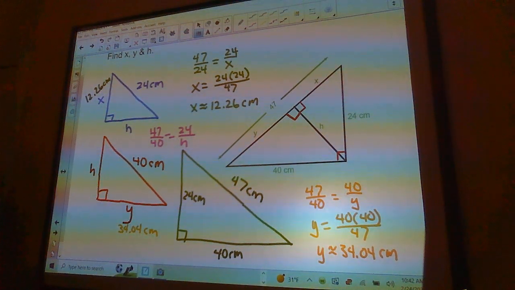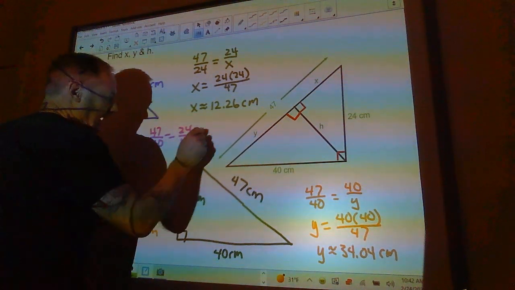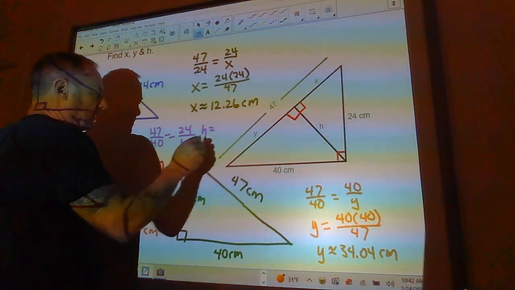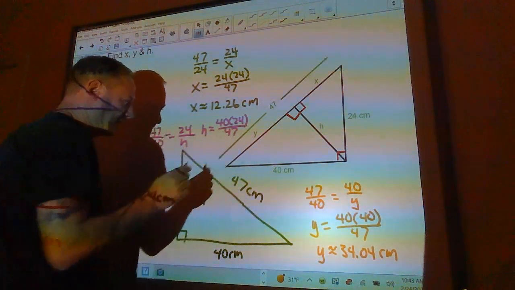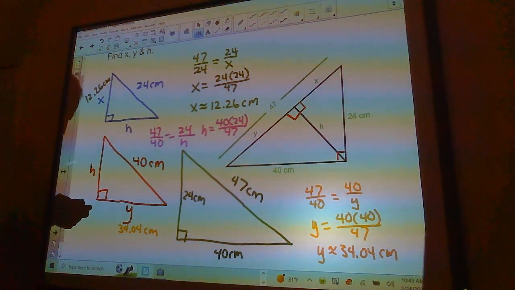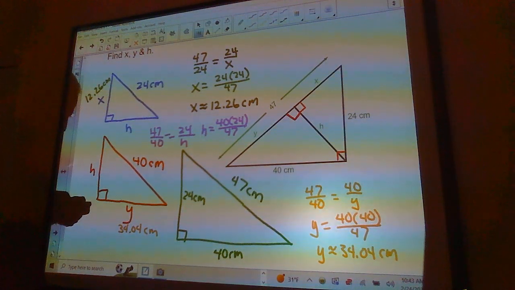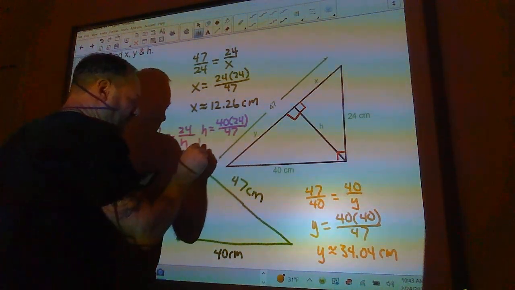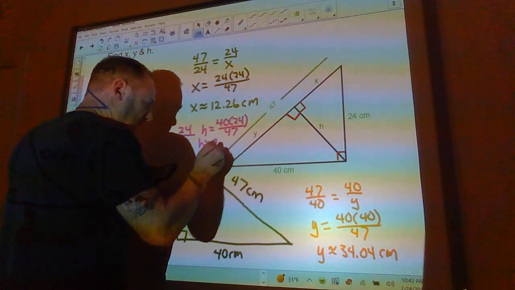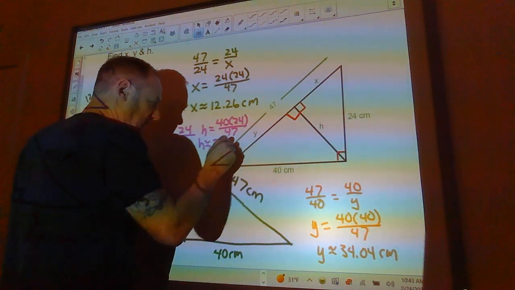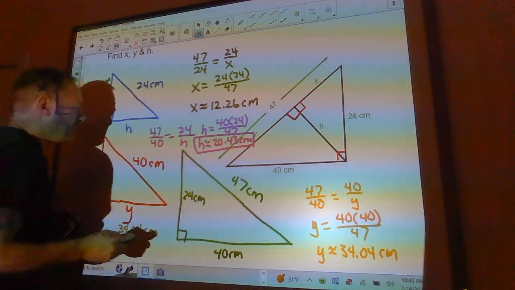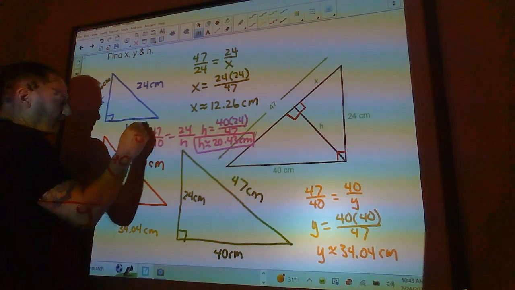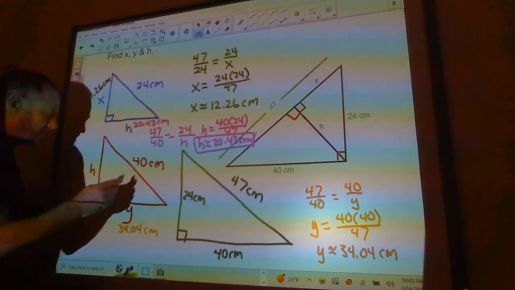Okay, so that means that h will be 40 times 24 divided by 47. That's about 20.43. Now that's going to be the same here as it is here.